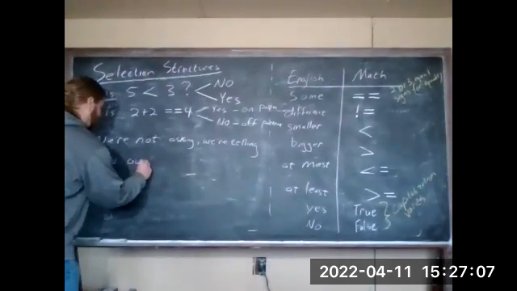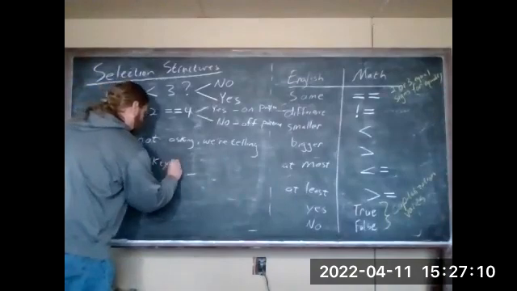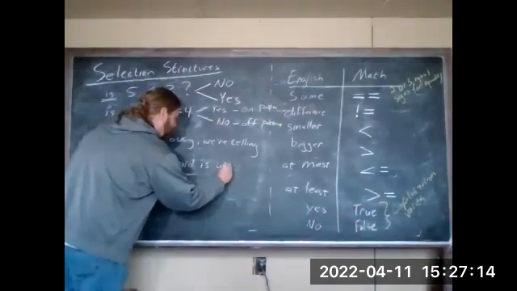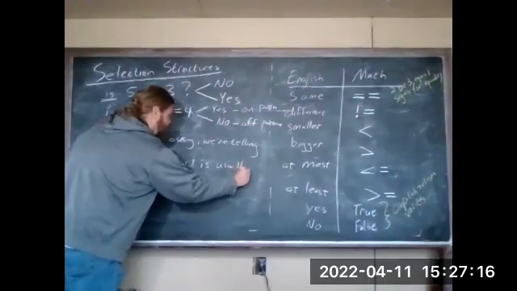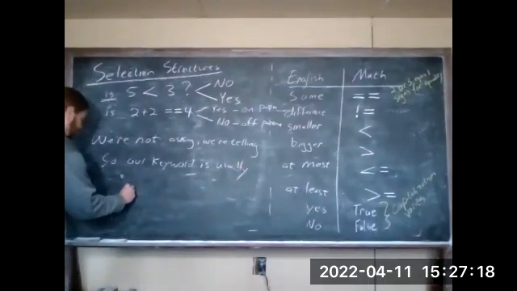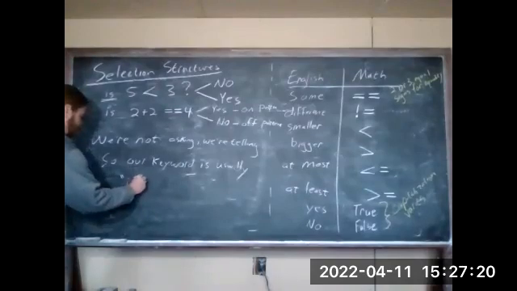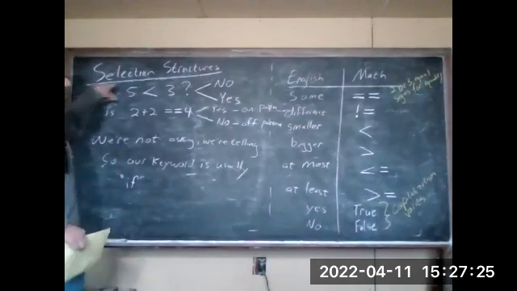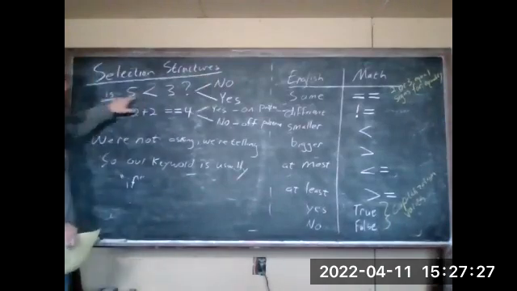So our keyword is usually "if." We don't say "is 5 less than 3."